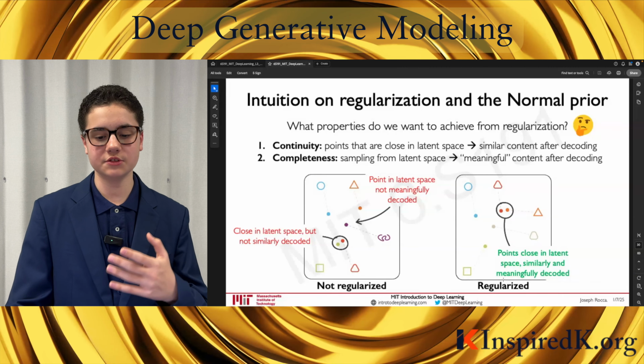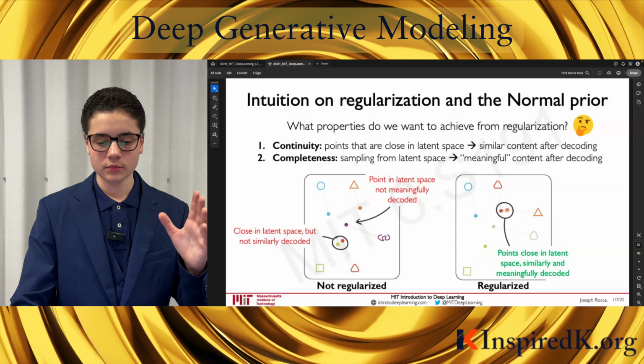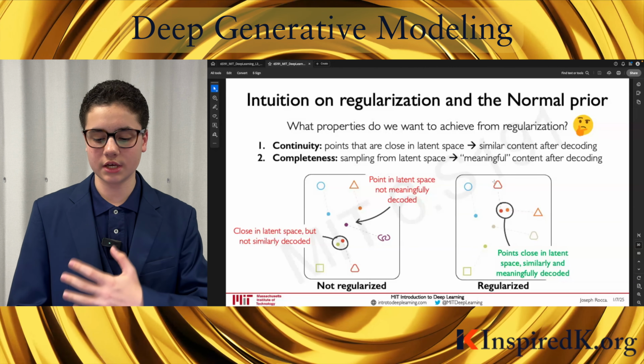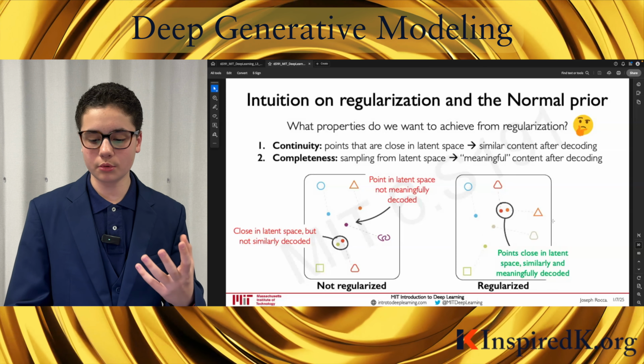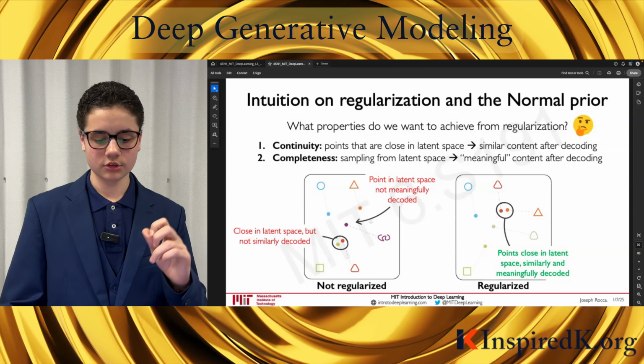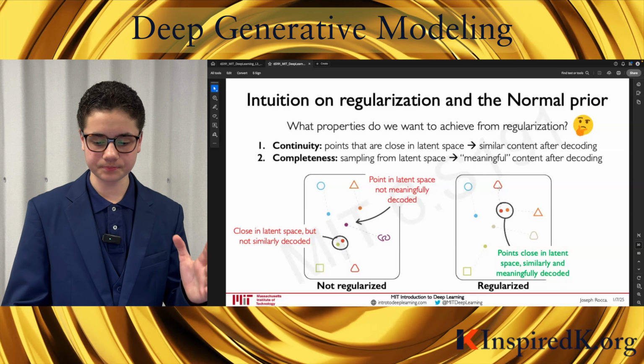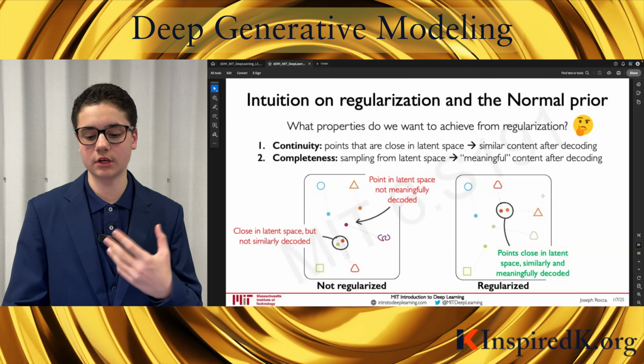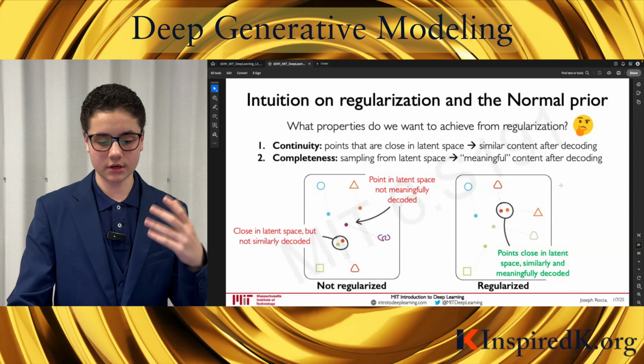However, on the right, we can see that when it is regularized, the points that are close in latent space are similar and all points are meaningfully created, so that there is no randomization and each of the points that are similar are created equal.